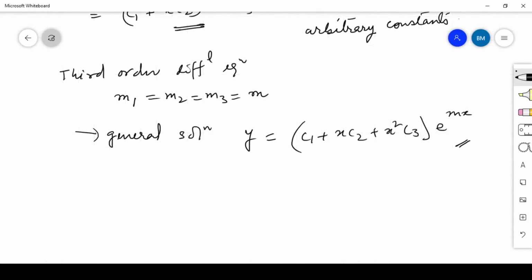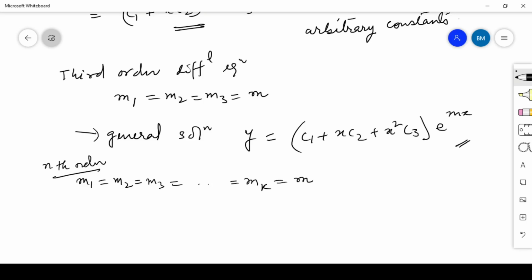Then suppose we are considering a homogeneous linear differential equation of order n. Out of those n roots of the auxiliary equation, say k roots are equal: m1 equal to m2 equal to m3 up to mk, each one is equal to m.